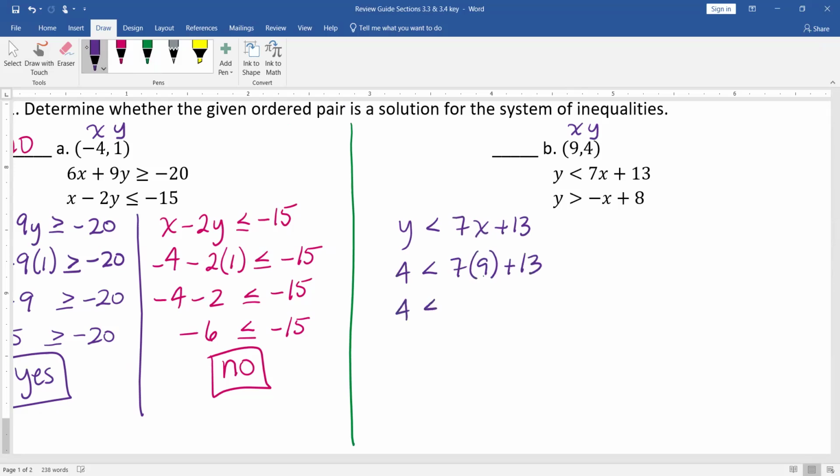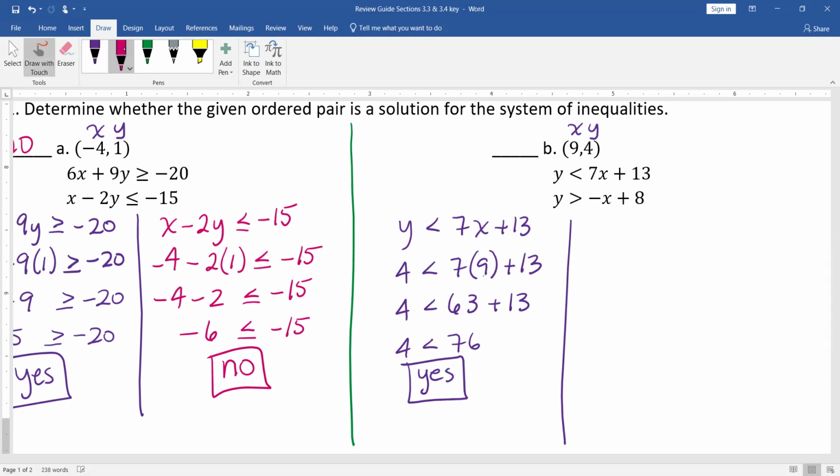Even if my x was 0, this would be true. 4 is still less than 13, so we know it's going to be true, but this is 63 plus 13. 4 is definitely less than whatever this is, 76. So this is a yes.